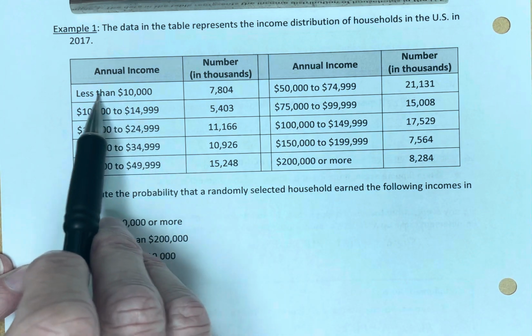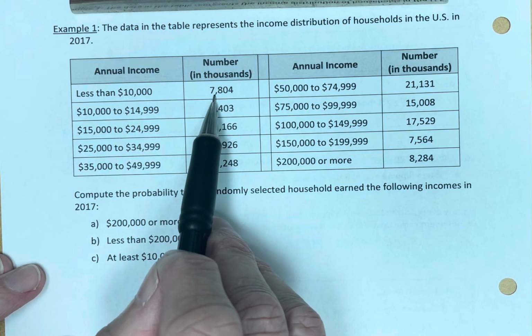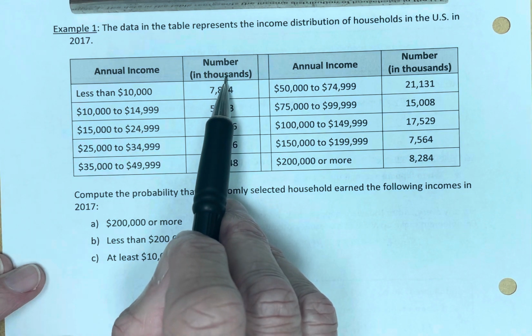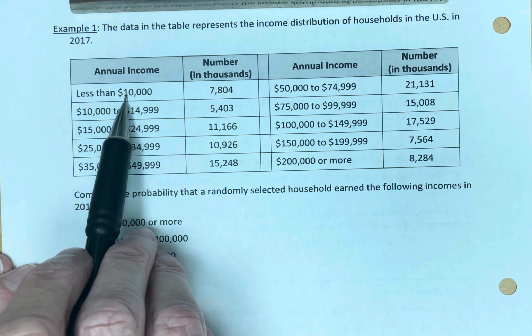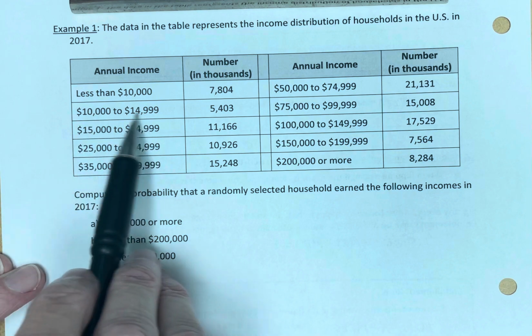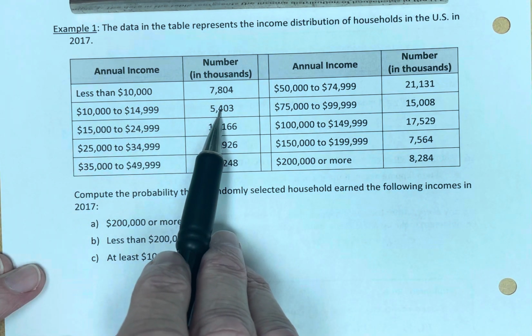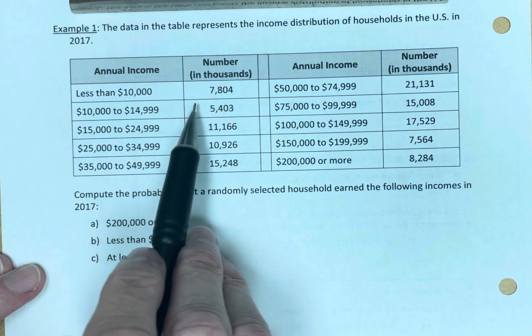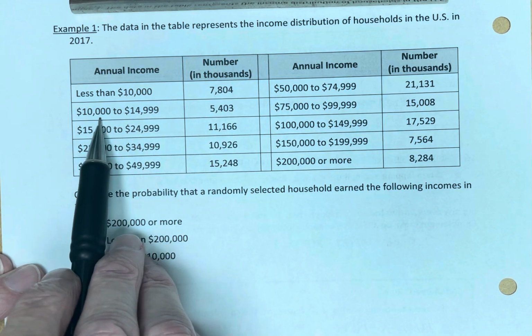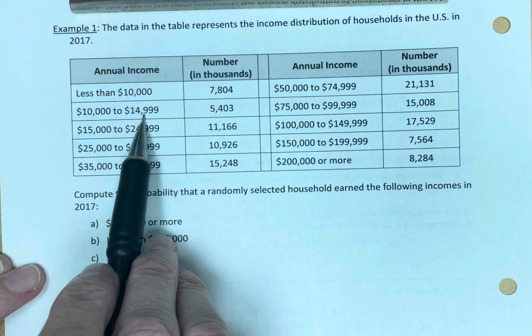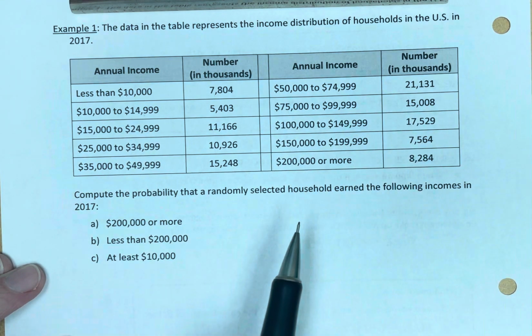This is a less than 10,000. We had 7,804,000 households had annual income less than 10,000. This is a $5,000 interval. 5,403,000 households had an annual income between 10,000 and 14,999, etc., etc., etc.